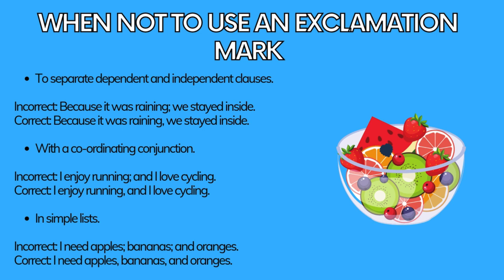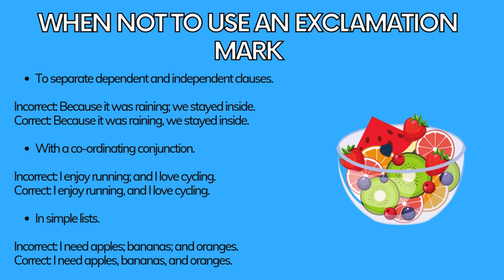There are situations where semicolons should not be used, and we're going to have a look at some common mistakes now. So first of all, don't use semicolons between dependent and independent clauses. Both sides of the semicolon, the clause before and the clause after, must be able to make sense on their own.